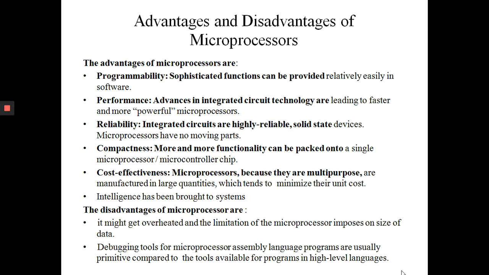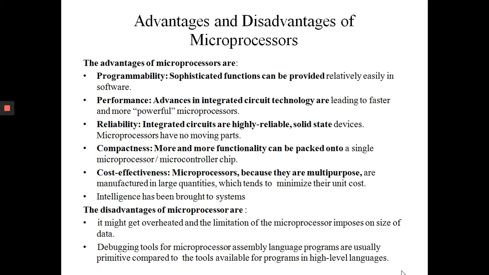Advantages and disadvantages of microprocessors. The advantages of microprocessors: Programmability. Sophisticated functions can be provided relatively easily in software. Performance. Once integrated, circuits are faster and more efficient than discrete components. Reliability. Integrated circuits are highly reliable.